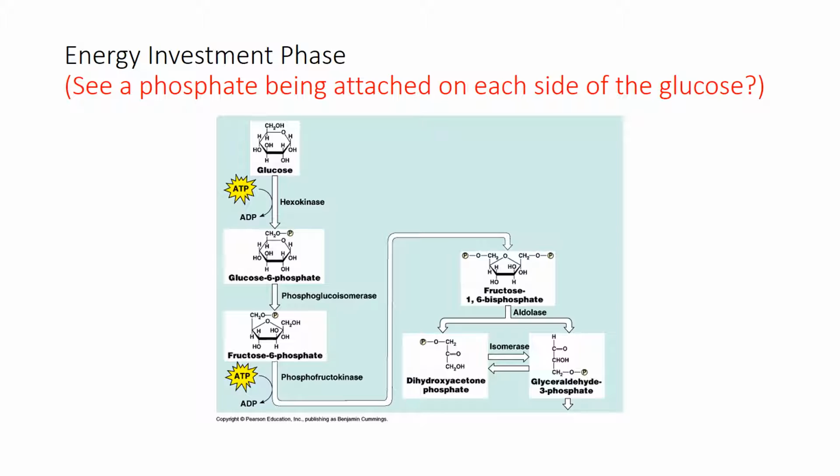So let's look at the processes of glycolysis. Every single organism undergoes glycolysis. This is a very ancient pathway. This is probably the first energy producing pathway that ever evolved. Once again, it does not require oxygen.